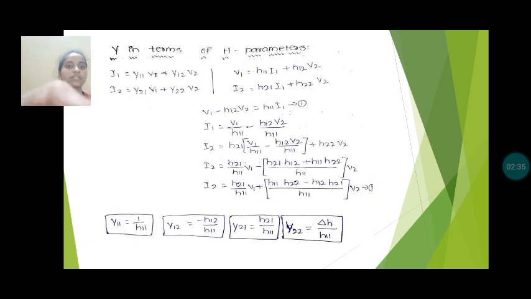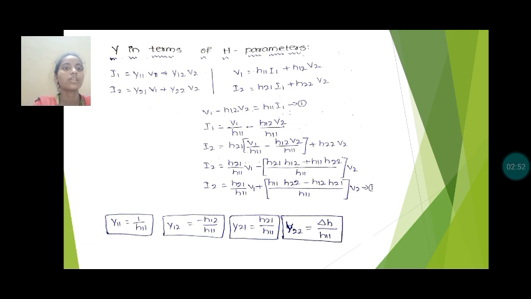Next conversion is Y in terms of H parameters. Here are the Y parameters: I1 equals Y11 V1 plus Y12 V2, I2 equals Y21 V1 plus Y22 V2.